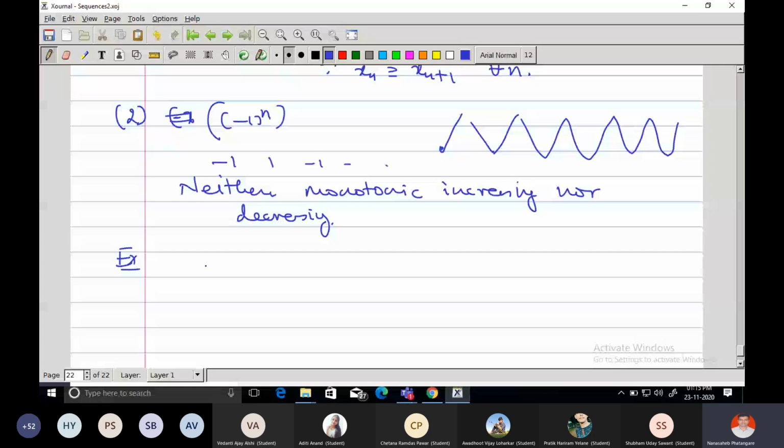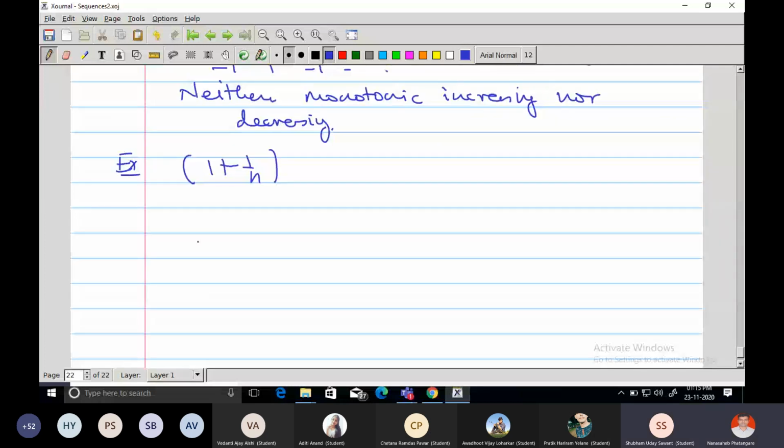Now if you look at the sequence 1 plus 1 by n, what about this sequence? Monotonically decreasing. Decreasing, right? Because x1, x2, x3 and so on. So the first term is 2, the second term is 1 plus half, the next term is 1 plus 1 by 3. So the nth term is 1 plus 1 by n, and the n plus first term is 1 plus 1 by n plus 1.